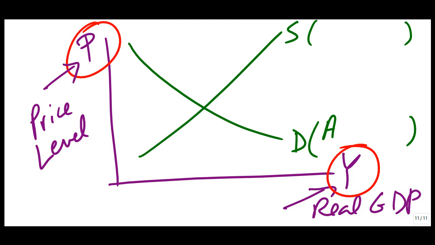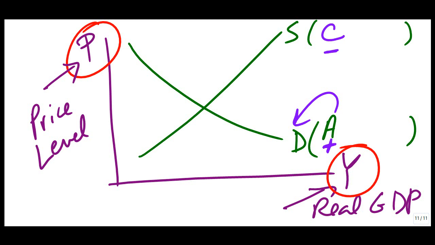So D is a function of A, and we put a plus sign under A, which means if A goes up, D goes up. They are directly related. Over here in supply, let's suppose that it's a function of C, inverse relationship between C and supply, so that if C goes up, S goes down, or if C goes down, S goes up.